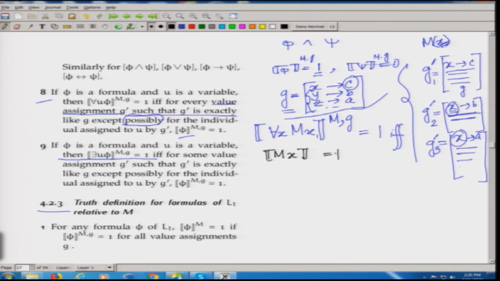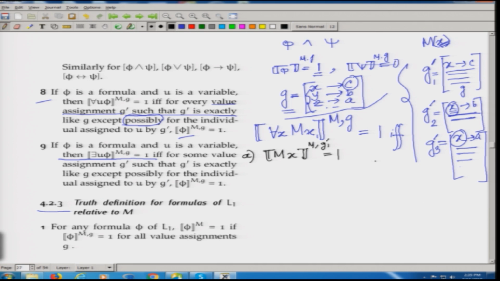So, we check all our cases. This is our first checking case. Our first variant is g prime 1, which is g itself. Like g, it assigns c to x.